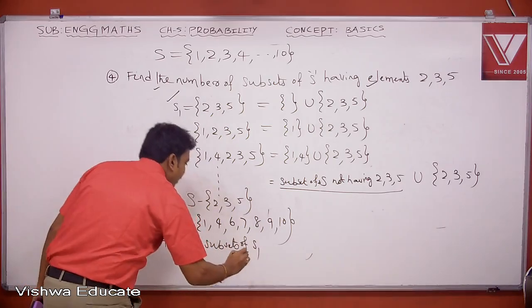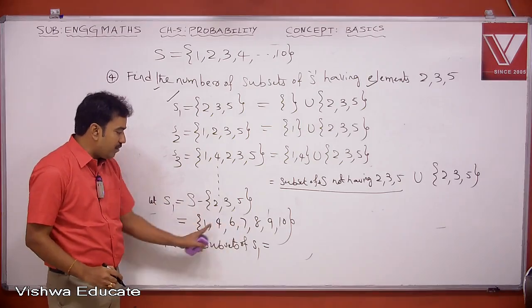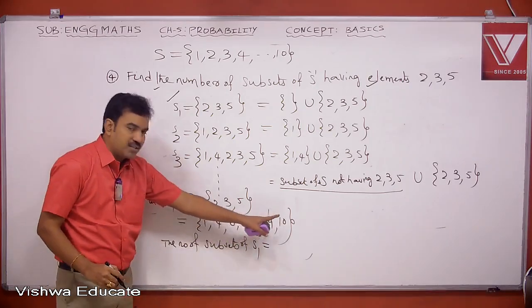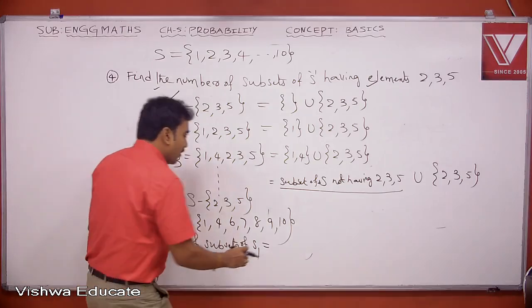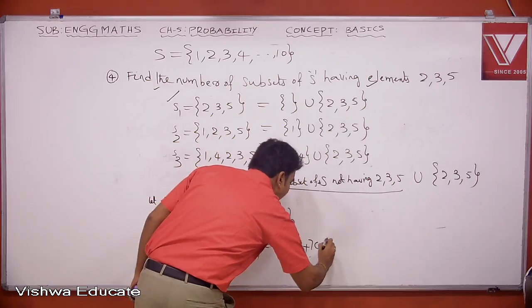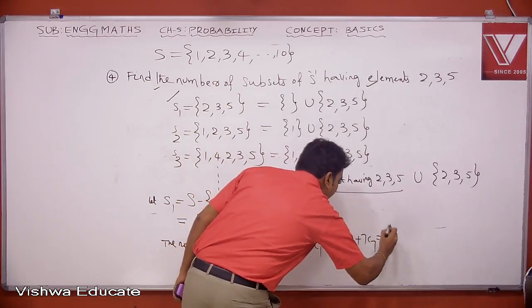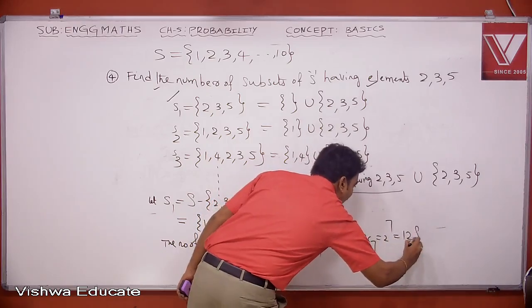How many elements are there in S1? Only 7 elements. So the number of subsets of S1 is 7C0 plus 7C1 plus 7C2 and so on plus 7C7. This is 2 power 7, totally 128.